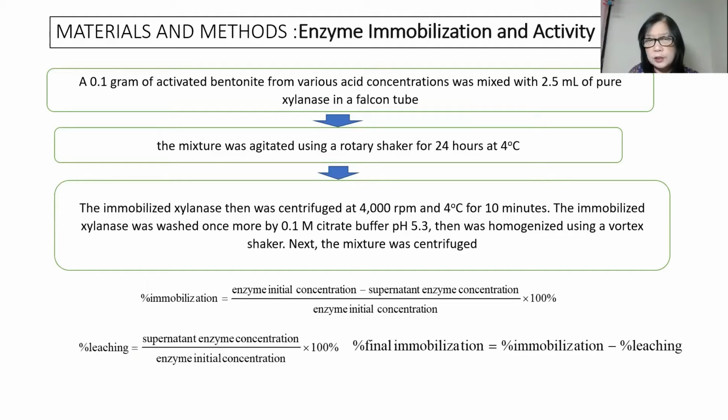Once we activate the bentonite, we mix it with the pure Xylanase, because we have already purified the Xylanase. We mix for 24 hours at 4 degrees, and then the immobilized Xylanase is centrifuged and washed, and finally we get the immobilized enzyme in the bentonite matrix.